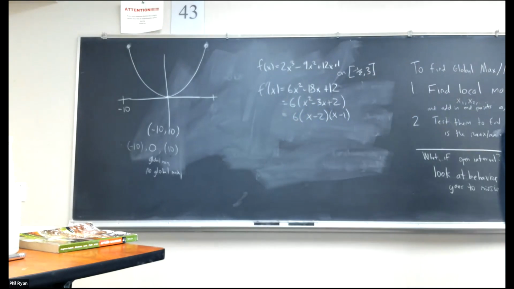Factor that out just because I recognize it, but if I didn't recognize it, I would have used the quadratic formula. Okay, so a nice natural instinct for you should be to factor things. Usually you don't like multiplying stuff out. Factoring is good. And so what are the critical points?